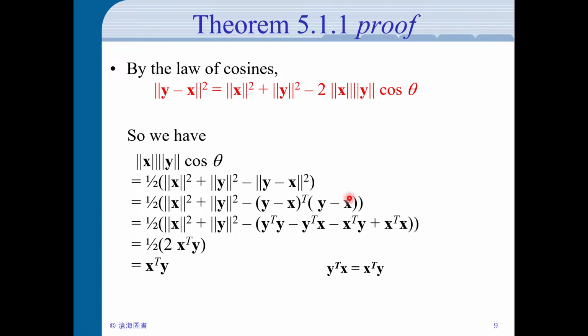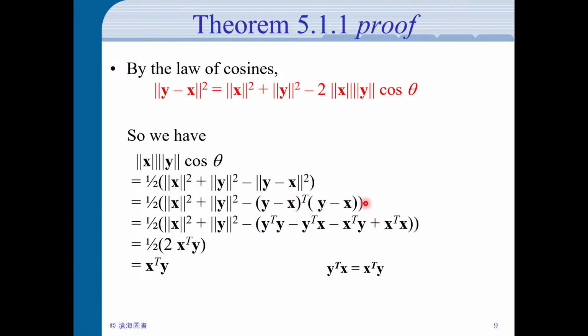Okay. And then we see this thing as a matrix multiplication. The matrix multiplication has the distributive rule. Okay. So that's y^T y minus x^T y and minus y^T x and plus x^T x.